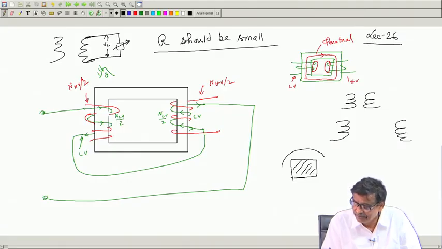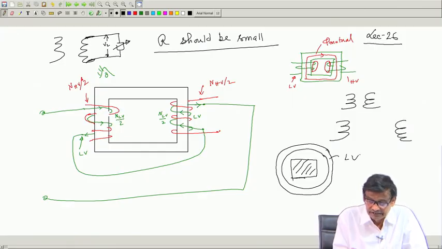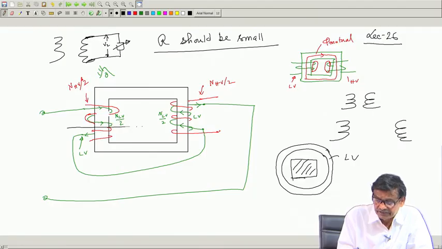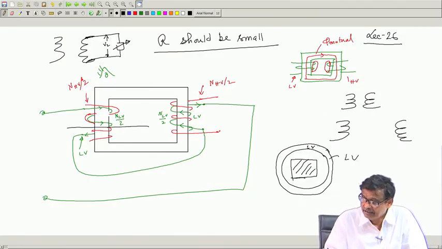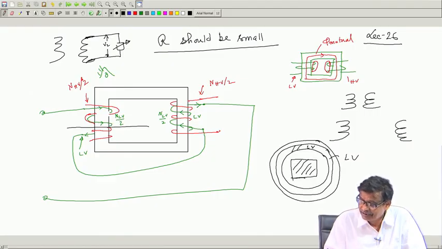First you see the LV winding, it will be wound like this. What is this diagram I am drawing? Your sectional diagram looking from the top. This is LV, and then over which, so this is LV winding. The turns which I am showing by shaded line, and this is HV winding.